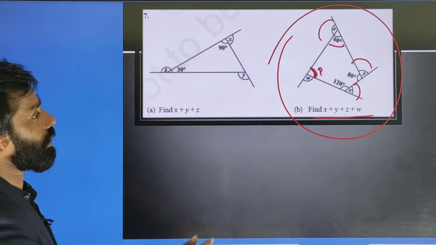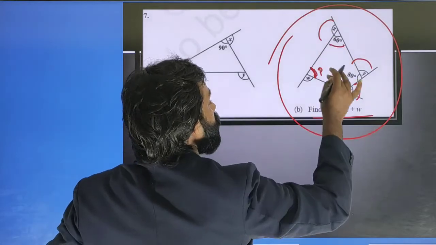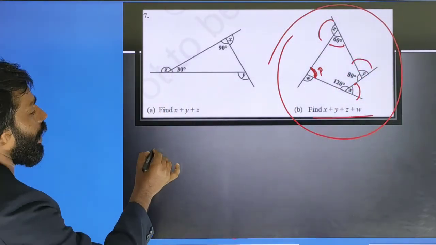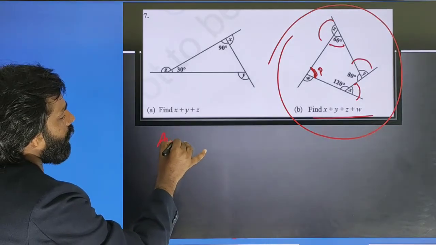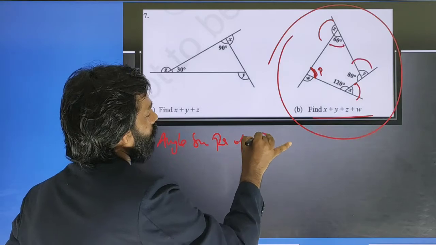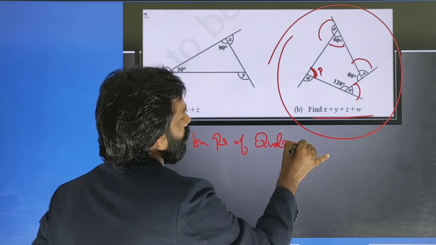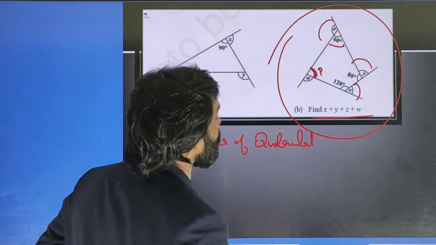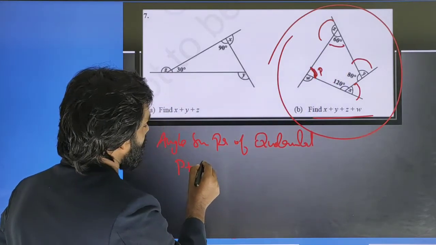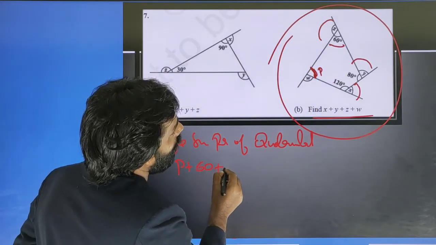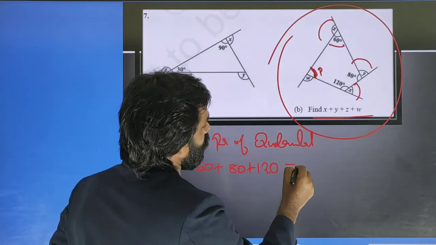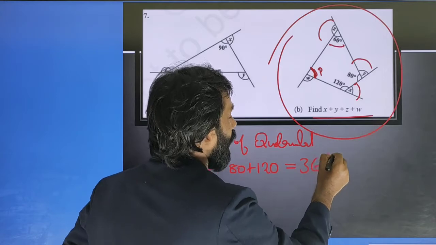First, when we consider this, 1, 2, 3, 4, it is a four-sided quadrilateral. So by applying the angle sum property of a quadrilateral, we can say that it should be 360 degrees. Therefore we can write p plus 60 plus 80 plus 120 should be 360 by the angle sum property.